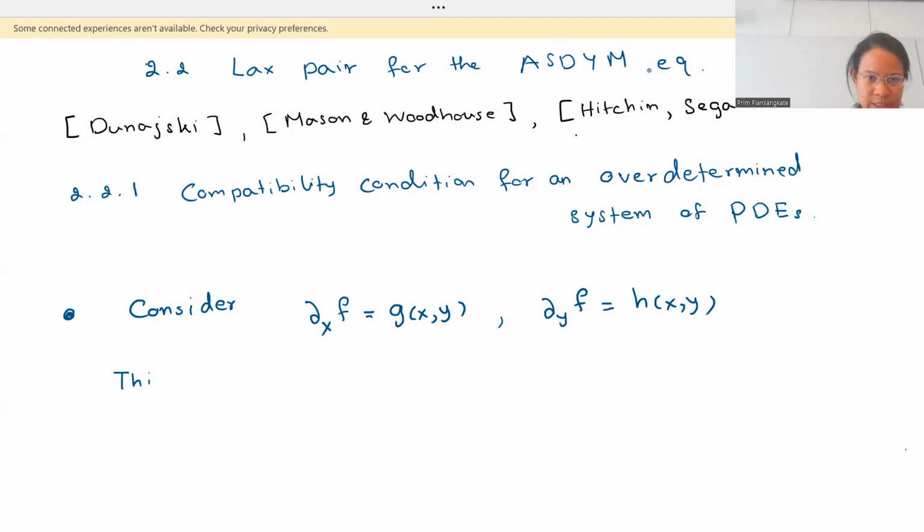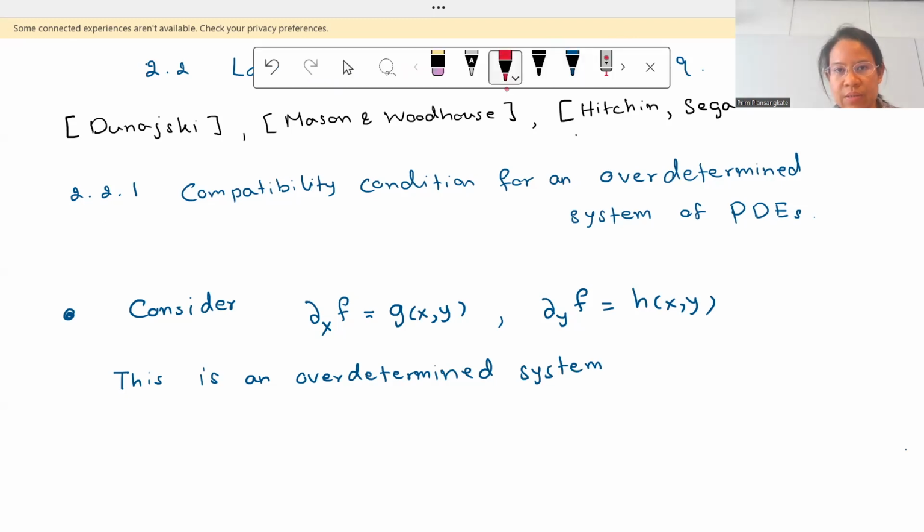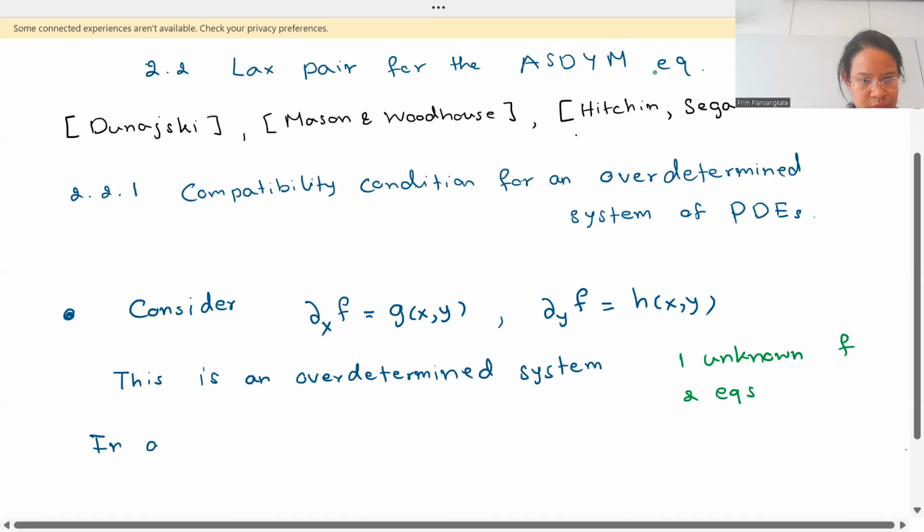Now, this system is overdetermined because you have one unknown, which is f, and then two equations. So it is more equations than we need. It is overdetermined, and in general it might not have a solution.